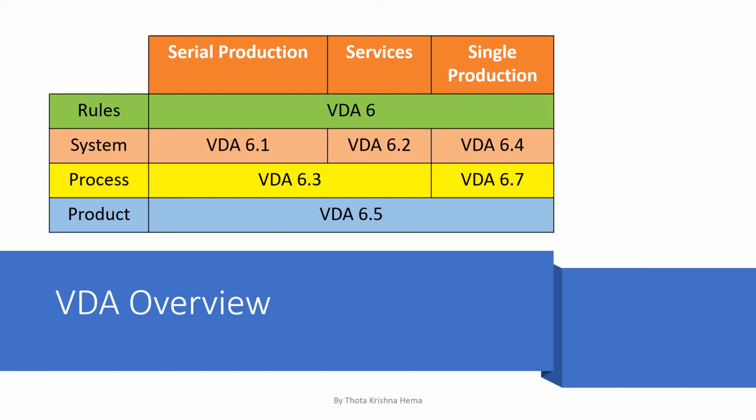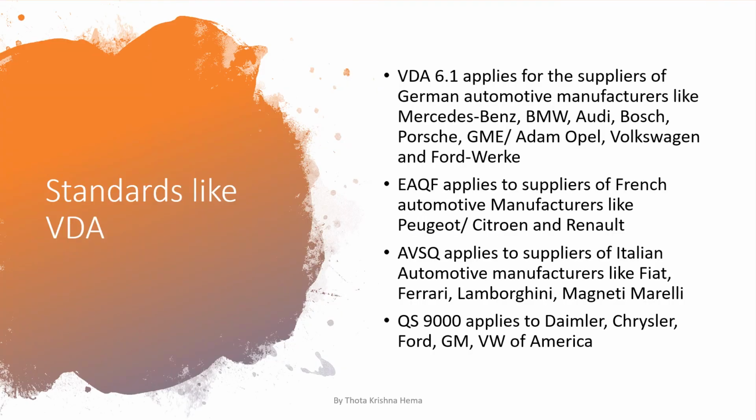All the rules are in VDA 6, and for system or the QMS we have VDA 6.1, 6.2, 6.4, for process we have VDA 6.3 and VDA 6.7, and for product it is VDA 6.5.